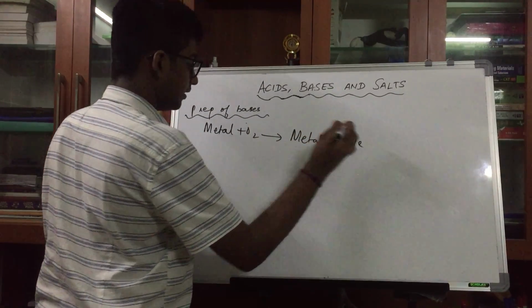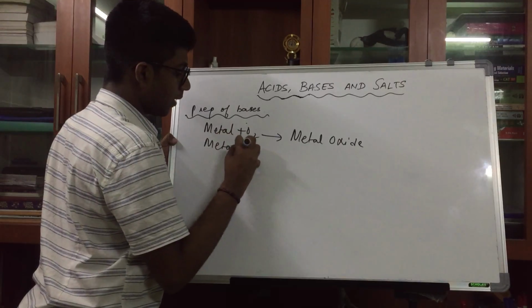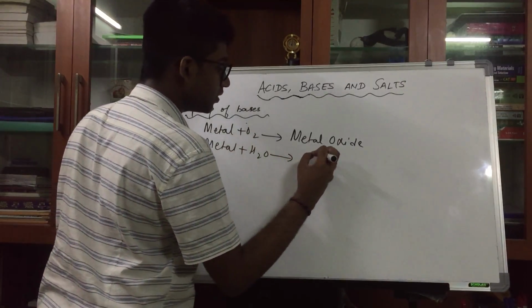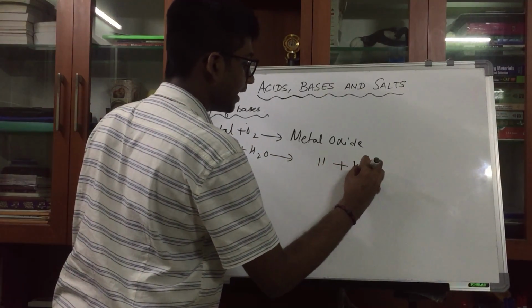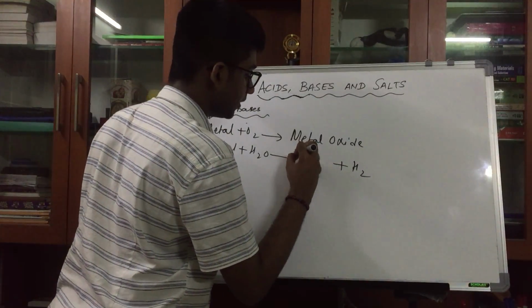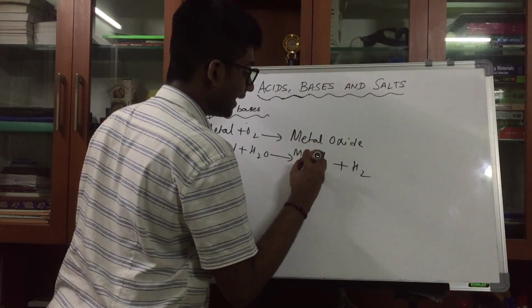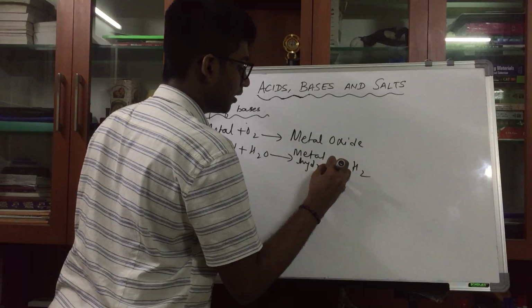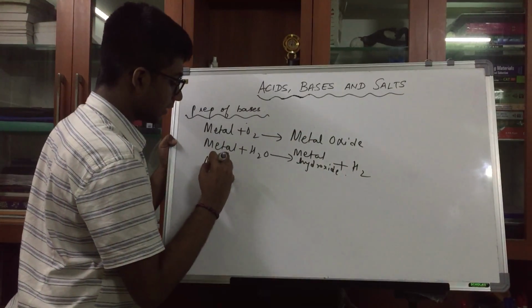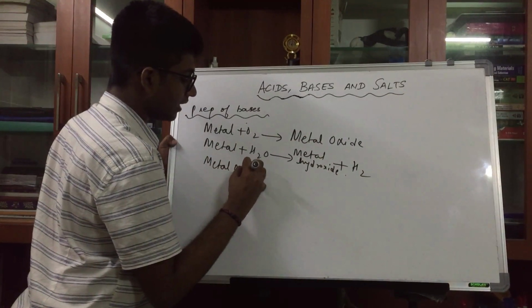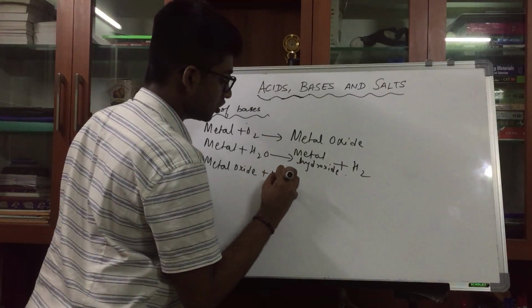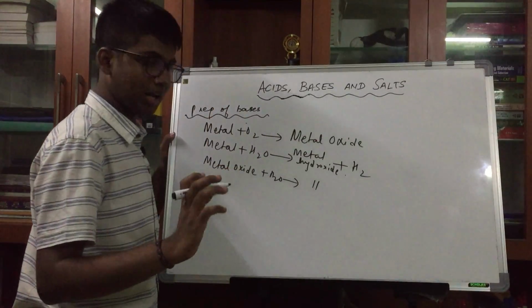Next is metal plus H2O gives you metal hydroxide plus H2. Next is metal oxide plus H2O gives you metal hydroxide alone.